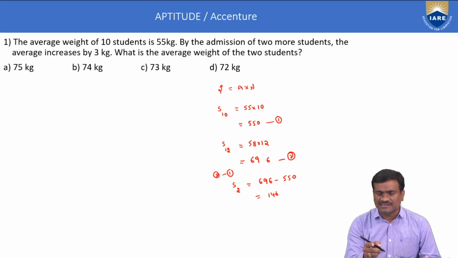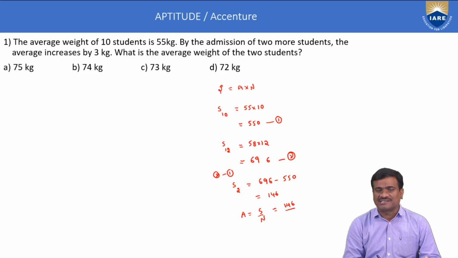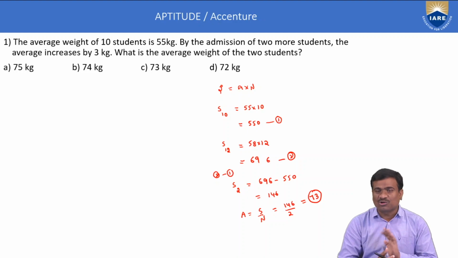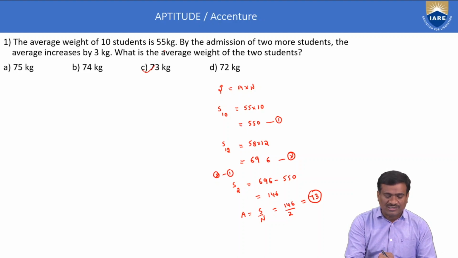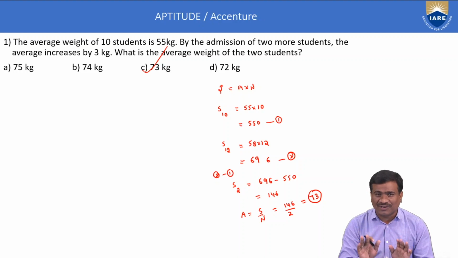The 10 students cancel, remaining only 2 students. Calculate average. Average is equal to sum by n, where sum is equal to 146 and number of students is 2. 146 by 2 is 73. Therefore, the average is equal to 73. By using the 4 options, 73 is option C, only option C is correct. This is about average concept.